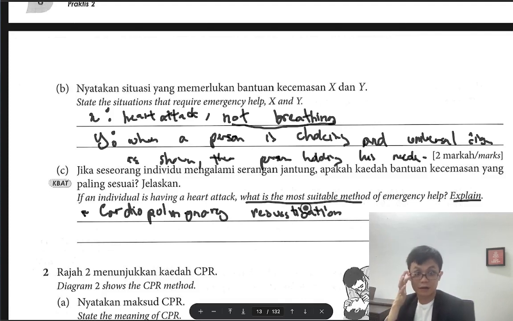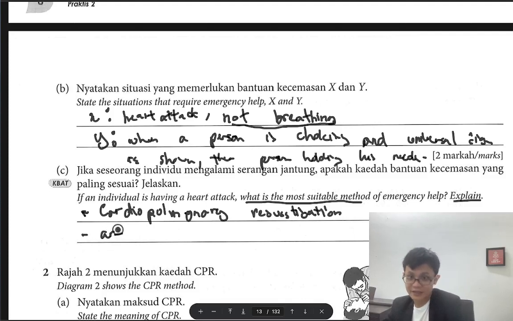And why? We can answer that it is to restore the heartbeat and the blood circulation in an artificial way. I just write the keyword, no need to write the full sentence.